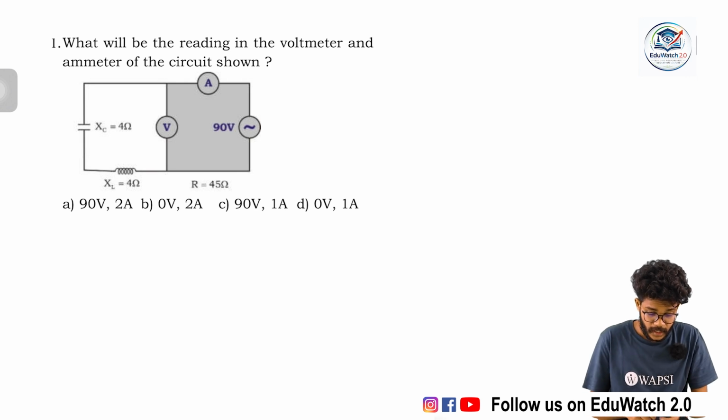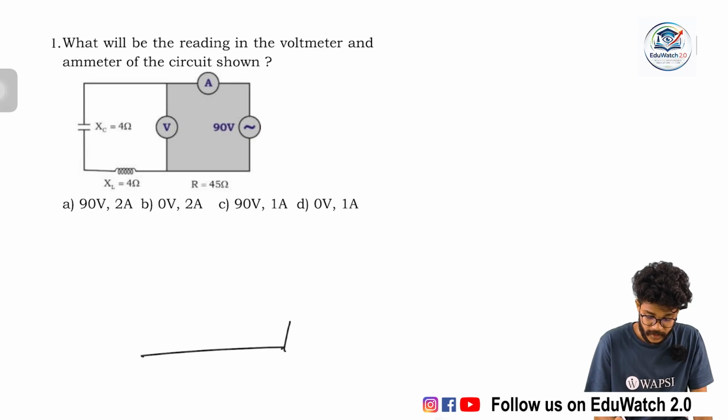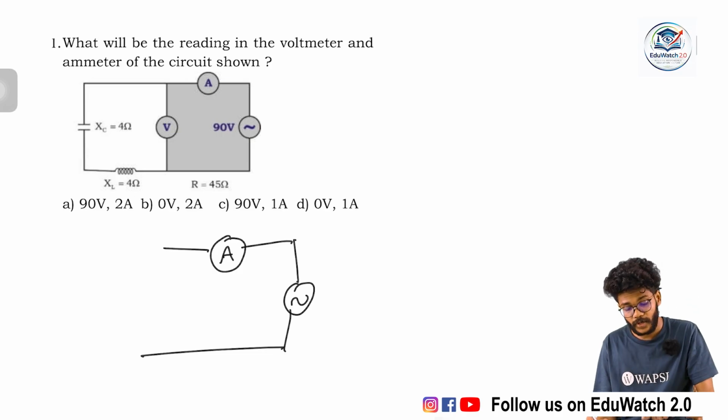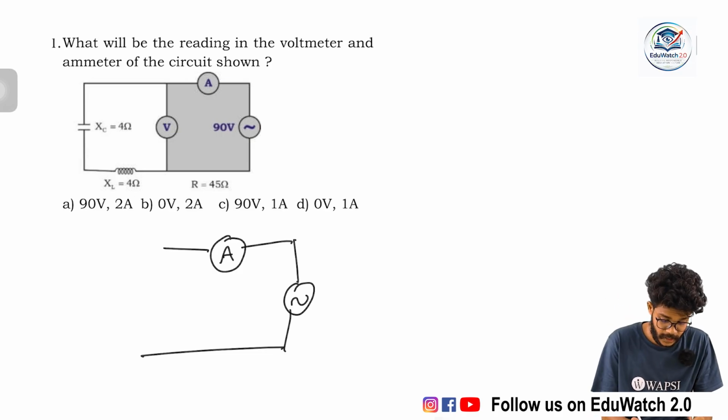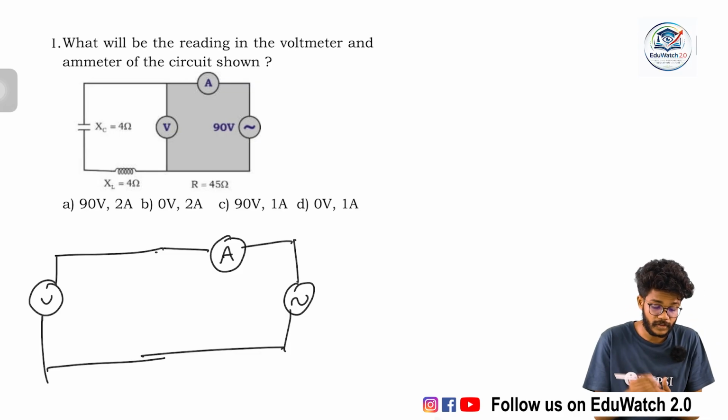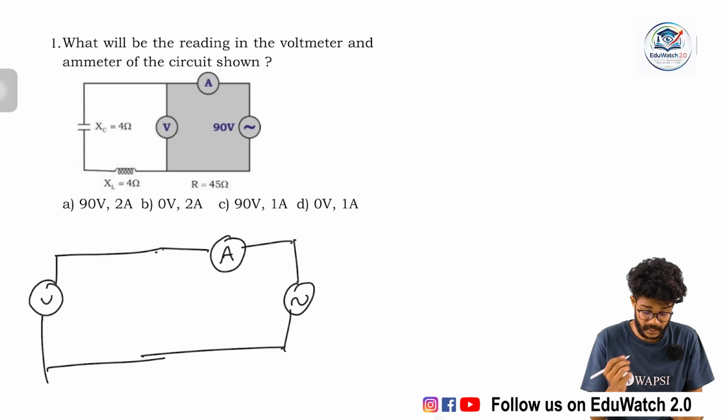See, this can be the source, then this can be the meter. I am changing the voltmeter to the left side, and actually the voltmeter is placed across the capacitor and the inductor, and the capacitor and the inductor are in series.